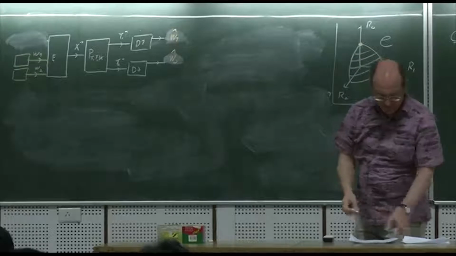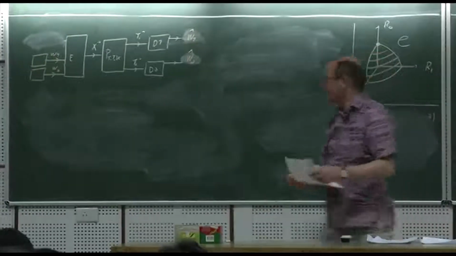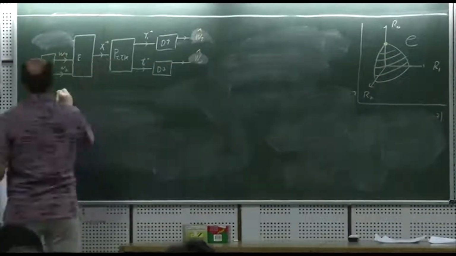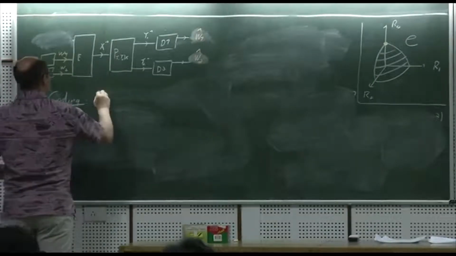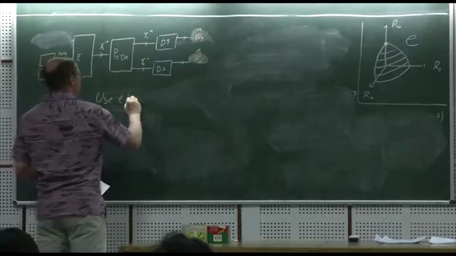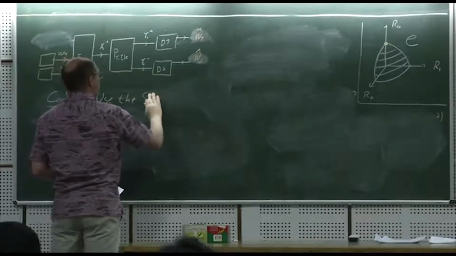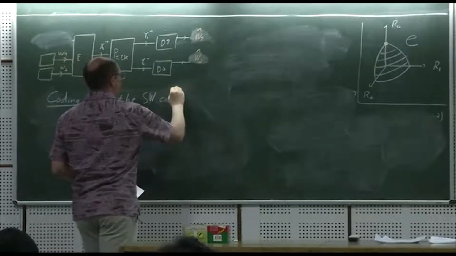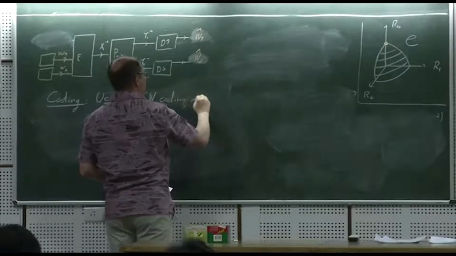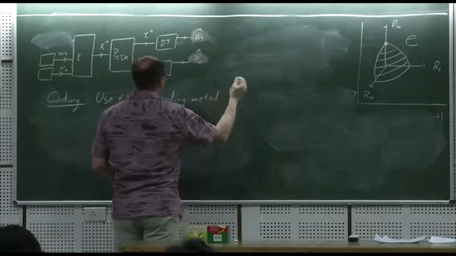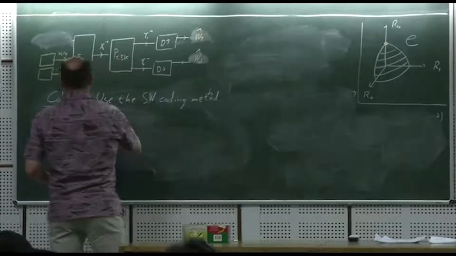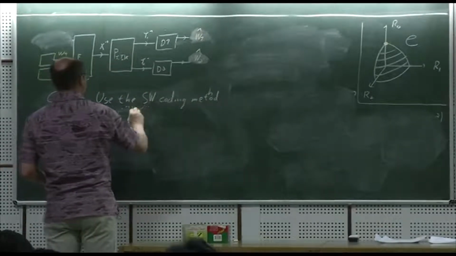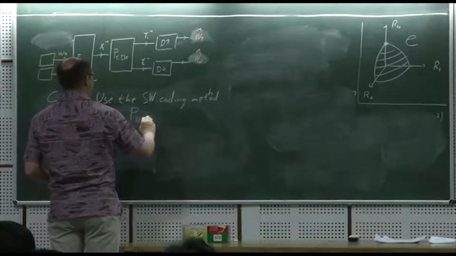Okay, so the coding is going to be done as follows. We'll use the Slepian-Wolf coding method as we discussed, but we have to choose some random variables with joint distribution P(U1, U2).